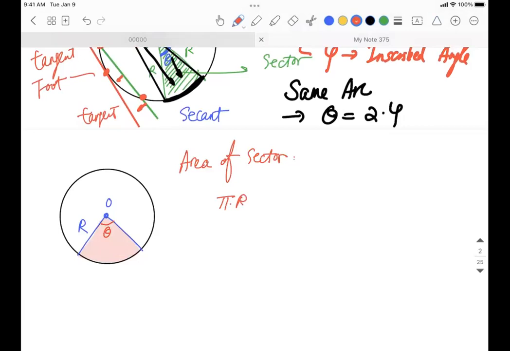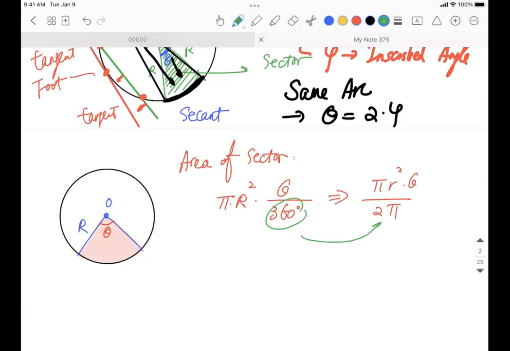Pi r squared is my full circle's area, and then times theta over 360 degrees, right? Or maybe most of the time we like to use radians, right? So that's going to be pi r squared times theta over 2 pi. This is more like in our math. We do not really use degrees a lot. We like to use radians. This is quite understandable, right?